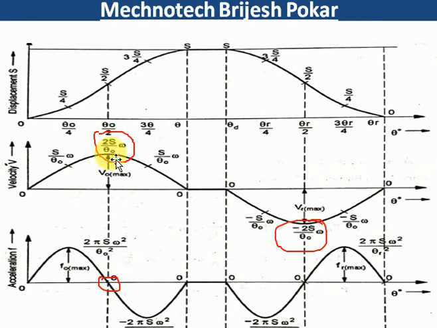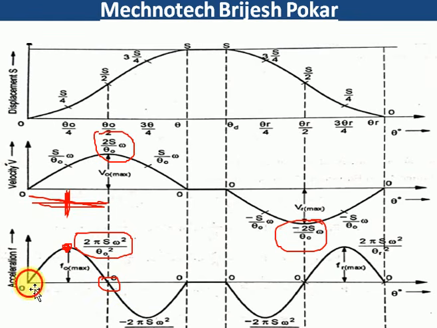It means where the velocity is maximum, acceleration is 0, and acceleration is maximum at the middle of the half portion, in the quarter. So at the middle of the half it is maximum acceleration, and it is 2 pi s omega square upon theta O square. And similarly here the same equation but with a negative sign.